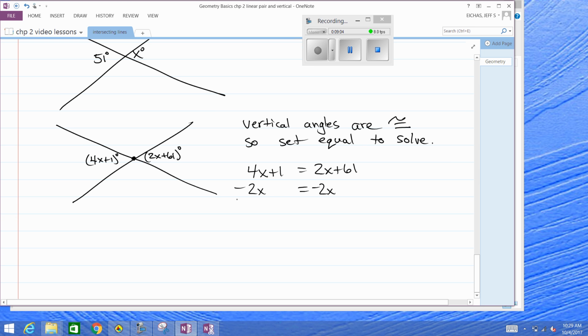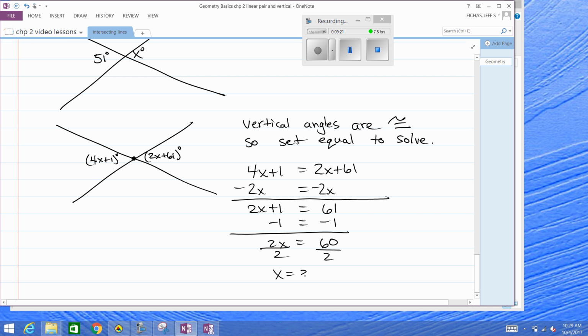This is just a style. Everybody does this differently. So I like to get x's to one side if I can first with a linear equation. Subtract 1 and get rid of the plus 1. Divide by 2 and we get x is 30. We don't have to plug them back in, we'll just go with that.